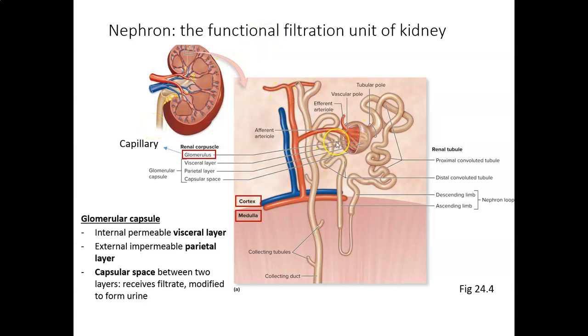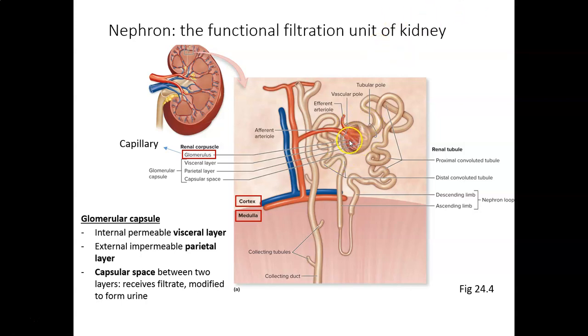To summarize this part, the nephron forms around the glomerulus. The glomerulus is formed by capillary vessels and is part of the blood circulation. The filtration unit is the glomerular capsule surrounding the glomerulus.